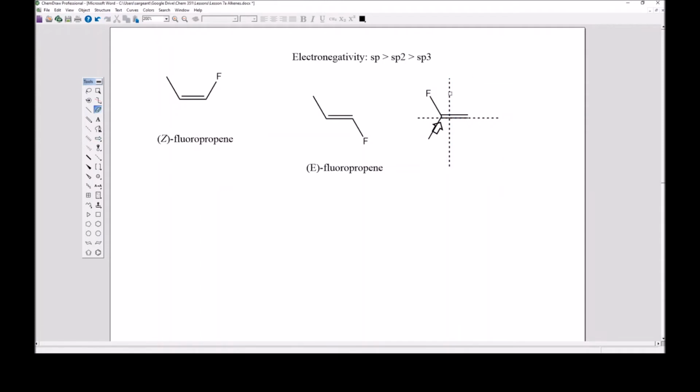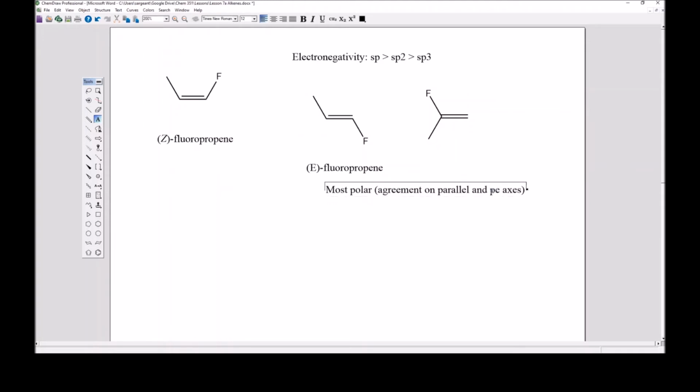So, relative to the other two compounds, we expect the E-fluoropropene to be the most polar, because you have agreement on the horizontal and vertical axes. And rather than think about this as horizontal, it's actually better to think about it as parallel to the pi bond and perpendicular to the pi bond.